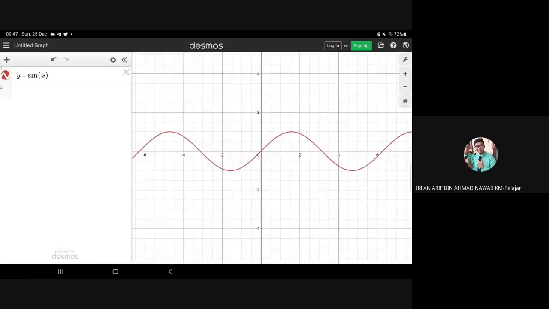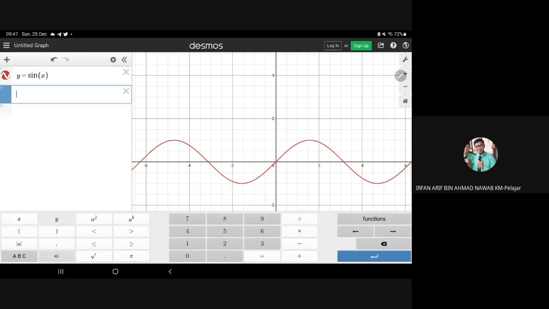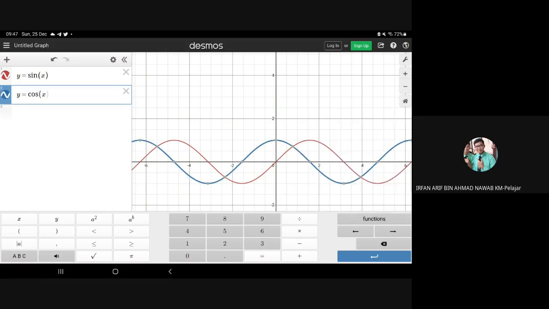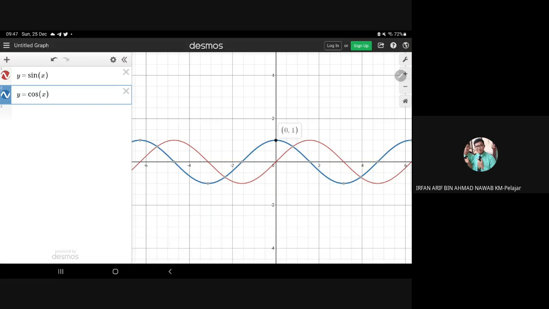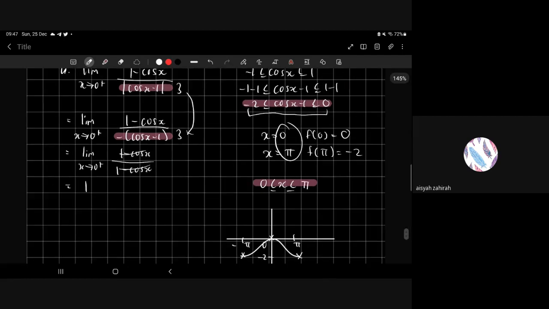Here, we know that the absolute maximum will always be 1, and the absolute minimum will always be -1. The same goes for cosine of x. Cosine of x is similar. The absolute maximum for cosine of x is 1, and the absolute minimum is -1. Understood?